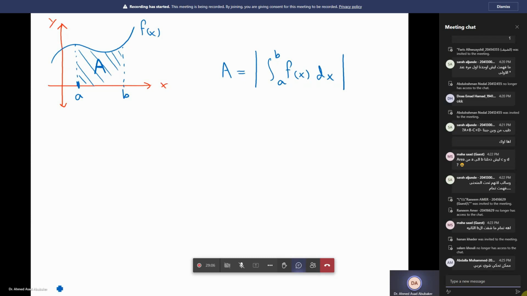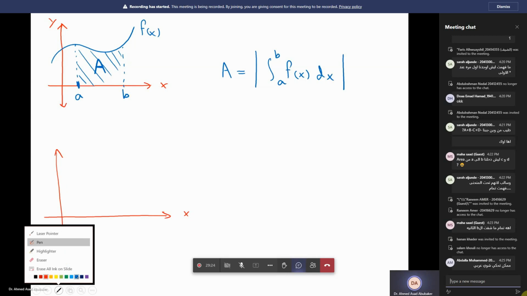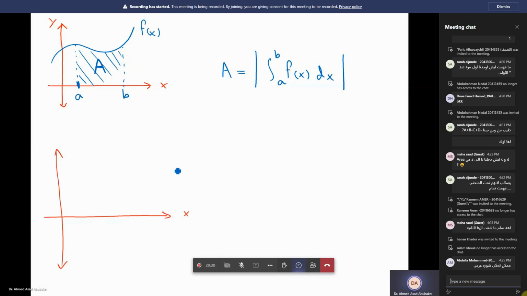Okay, now the second case, we have two parts. The first one is under the x-axis and the second is above the x-axis, like this.